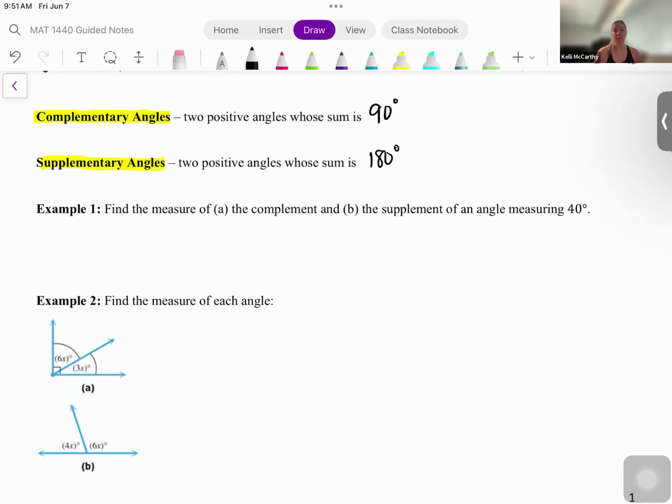Find the measure of the complement and the supplement of an angle measuring 40 degrees. To find the complement, we're trying to figure out what angle added to 40 gives us 90. So we're going to take our 90 degrees and subtract 40 to give us 50 degrees.